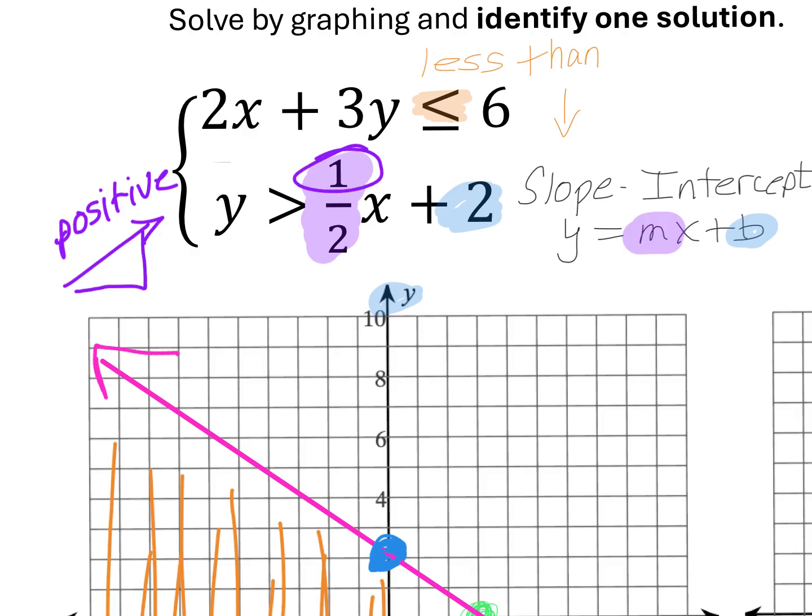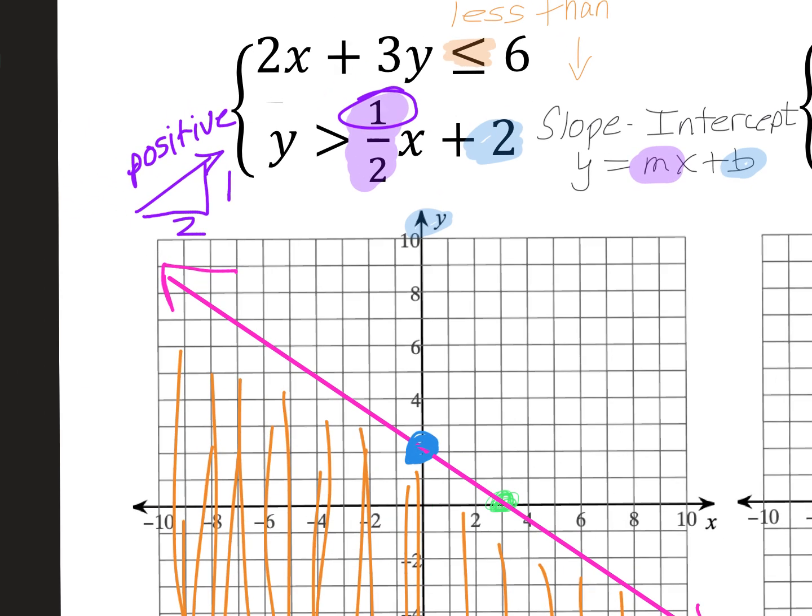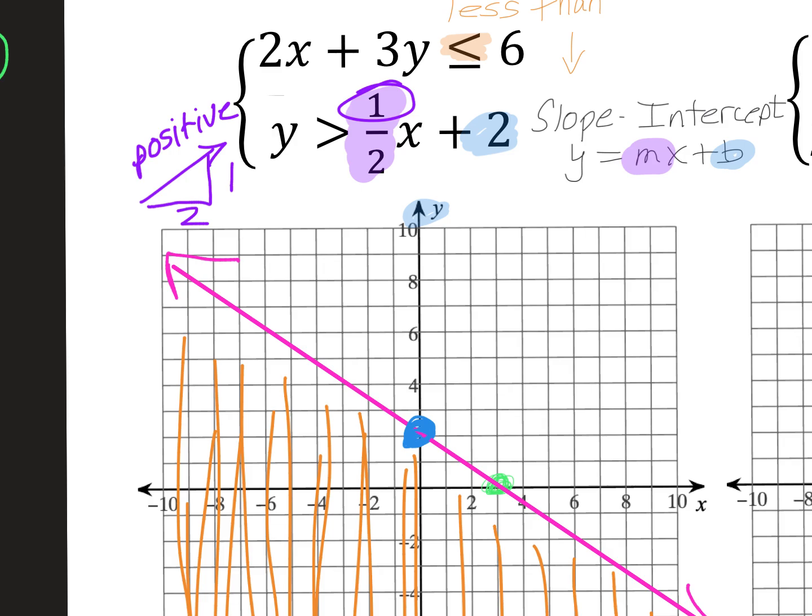So if I make a slope triangle, rise over run, from my beginning point my rise will be 1, and then my run will be 2. So my new coordinate will go up 1 and over 2, so that my second coordinate will go right there. Then I'm going to go up 1 and over 2 again to make another coordinate.